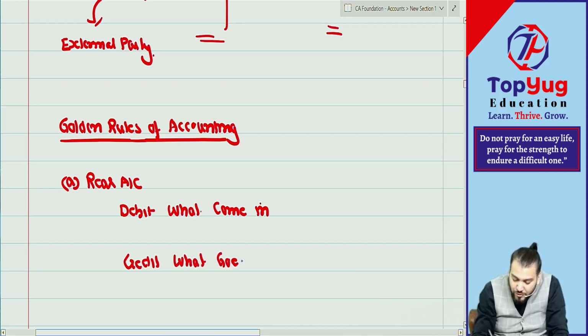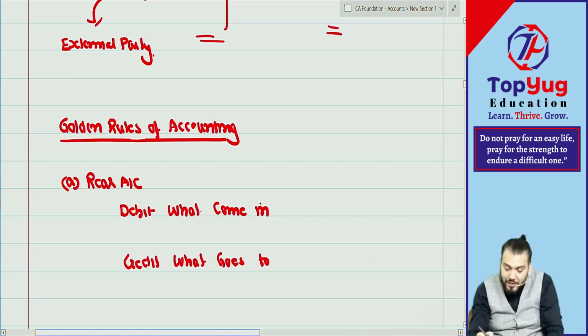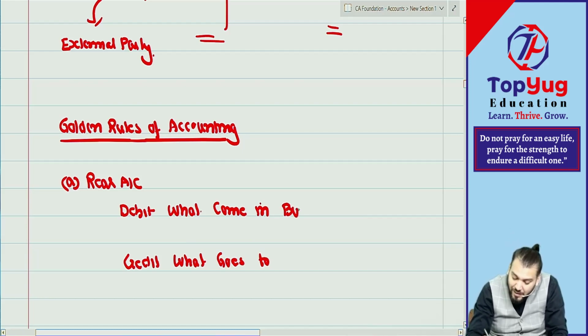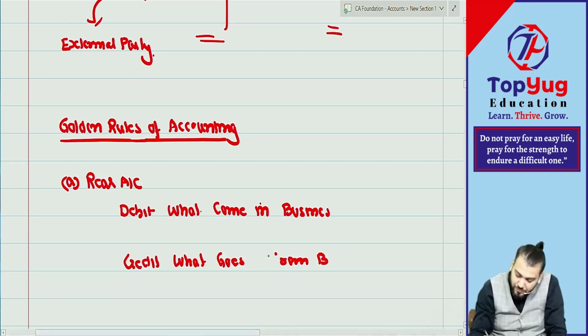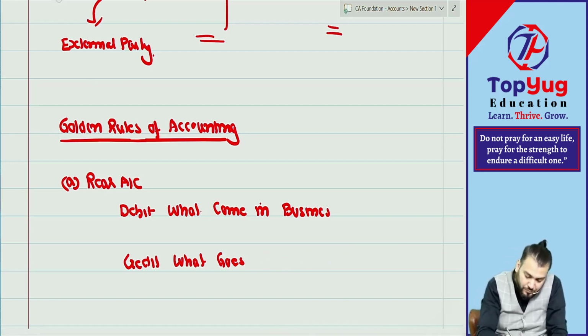But my question to you, debit what comes in where? In business, this is silent. And credit what goes out from business.